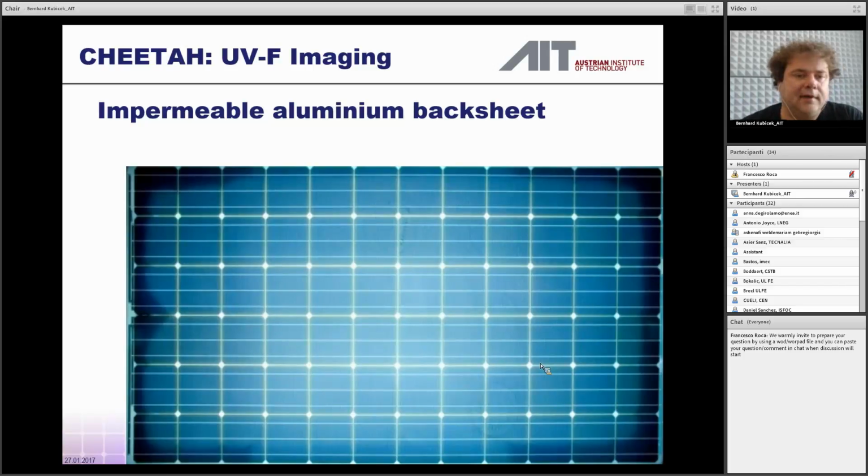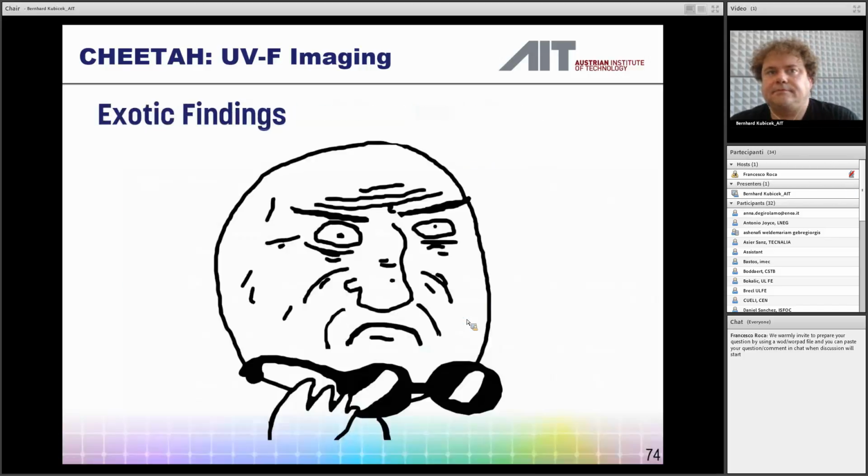In this case, this was a glass aluminium backsheet module. You see that the aluminium is really working. You see that only at the sides you have a bit of leakage where water or oxygen diffuses into the module. So I think that this is a very interesting kind of backsheet, and you can really see that it's working.